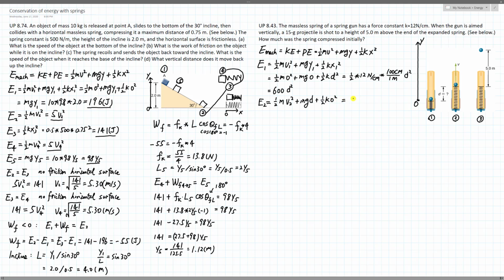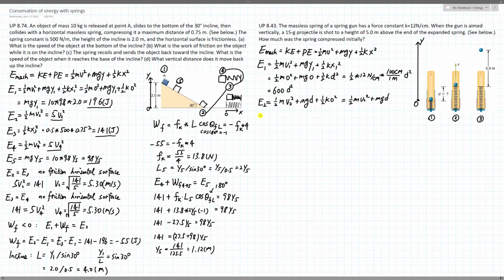So this is equal to 1/2 m v2 squared plus mgd. We don't really know d, we have no idea what this number is. The mass we do, but why plug it in, right? So this is already good enough. We can move on to the third one and see what we can find.